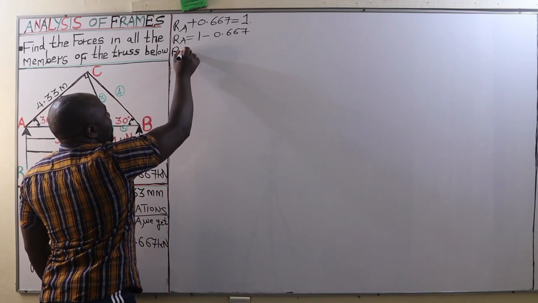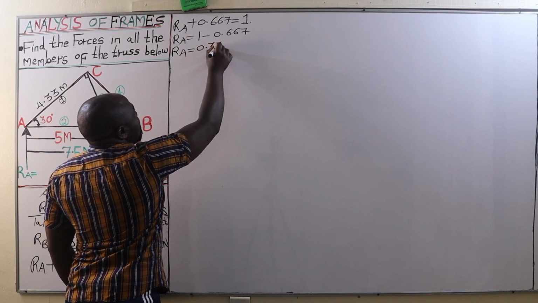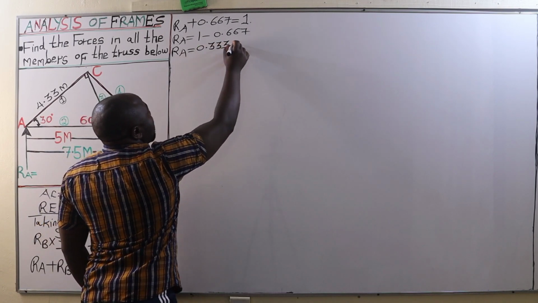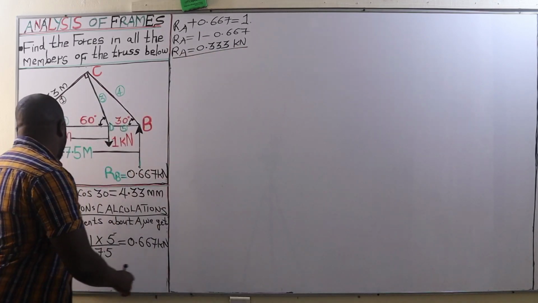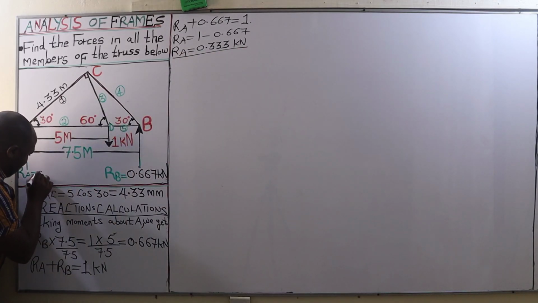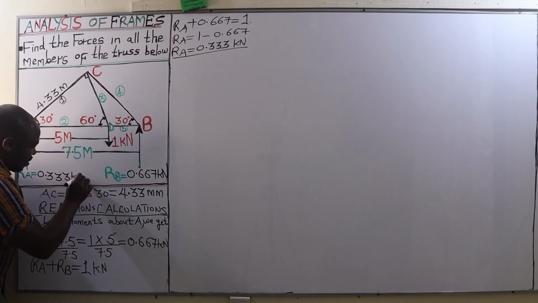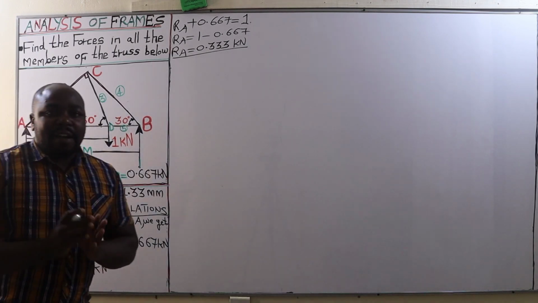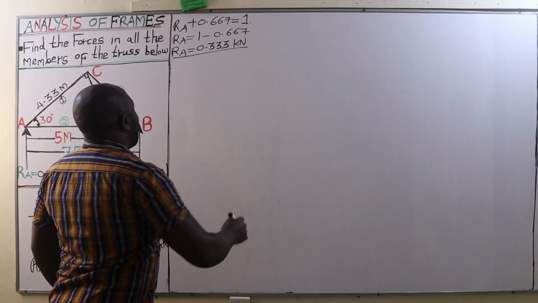In this case, the reaction at A is going to be 0.333 kilonewtons. Very good. Therefore, RA is 0.333 kilonewtons.